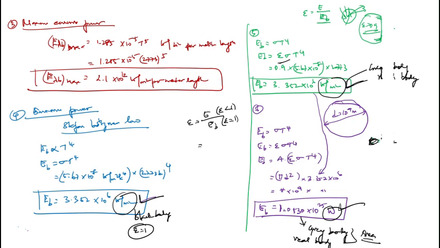You can substitute this value. For a gray body, it is 3.017 into 10 to the power of 6, divided by the black body value, 3.352 into 10 to the power of 6.